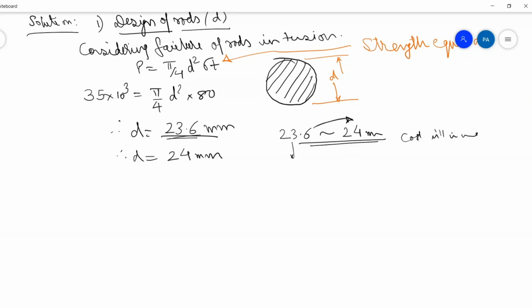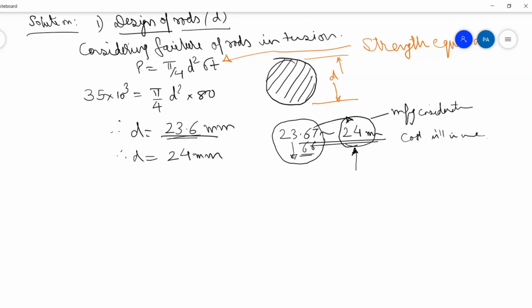Cost will increase. Okay. But instead of 23.6, maybe it is 23.67 or 23.66, something like this that we have obtained. To manufacture a product of this dimension and to manufacture a product of this dimension, here you need some precision. Here it is easy to measure. So this comes in manufacturing considerations.